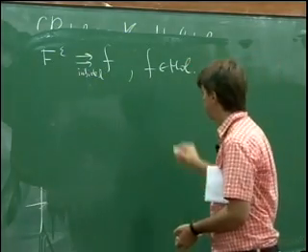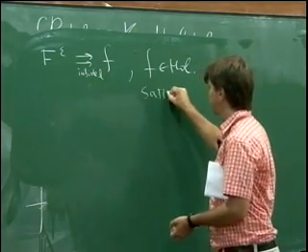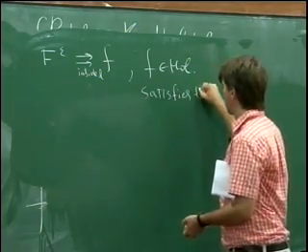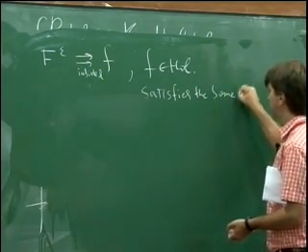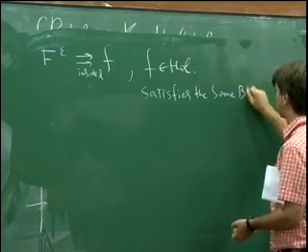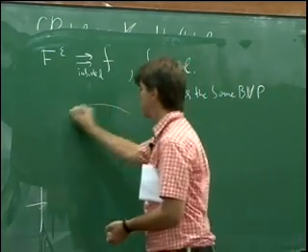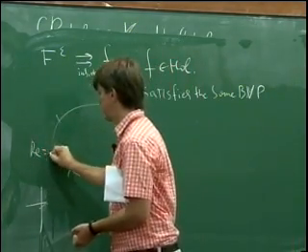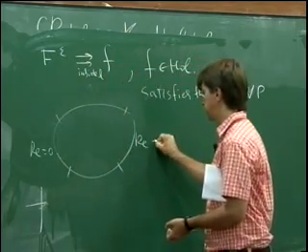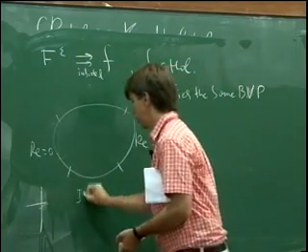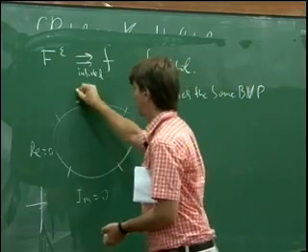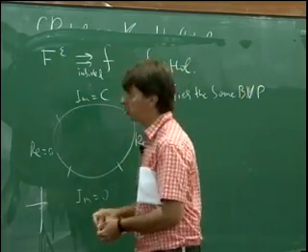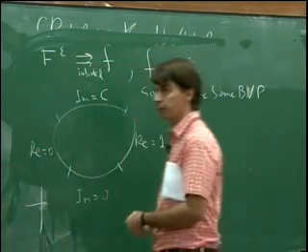And f satisfies the same boundary value problem. So the problem was, I want to remind you, that the real part is equal to 0, real part is equal to 1, imaginary part is equal to 0, imaginary part is equal to a constant, which is the limit of this ratio.